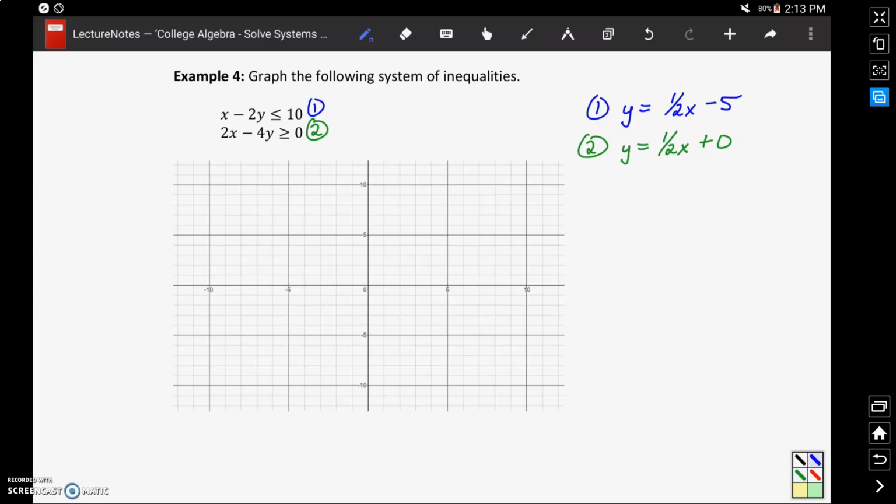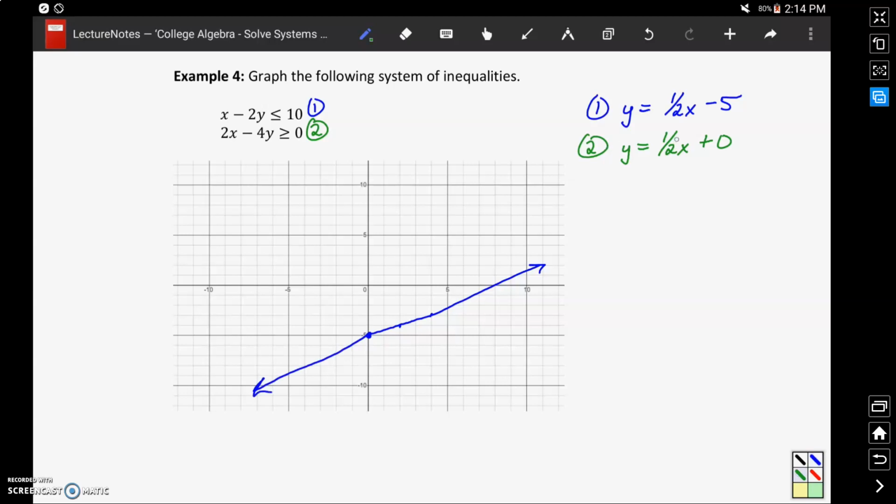Looking first at equation 1, we have an intercept at -5 and a slope of 1/2. So we'll go up 1 and over 2. And then repeat that pattern.